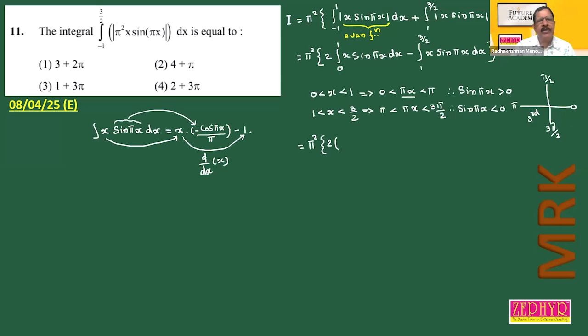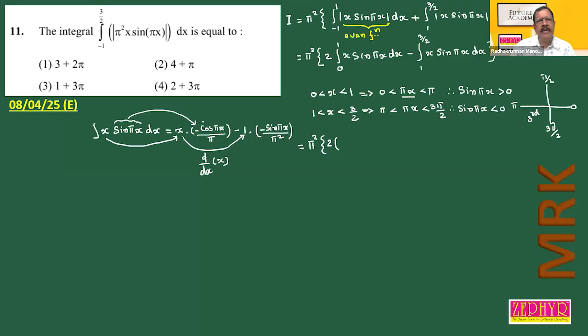Now, integral of this one. What is integral of minus cos pi x by pi? That is minus sin pi x. Already there is 1 pi, so pi into pi is pi square. So how are you getting it?